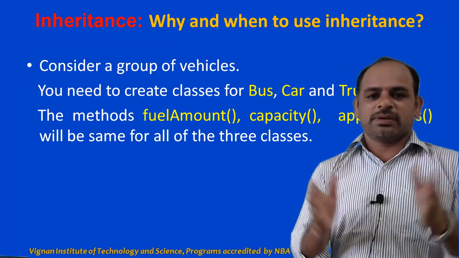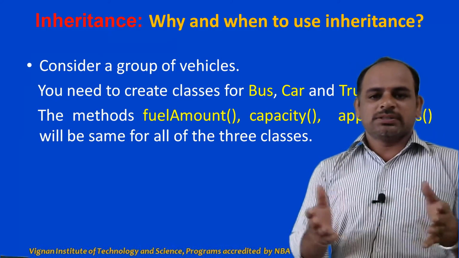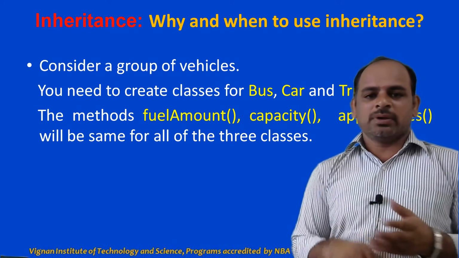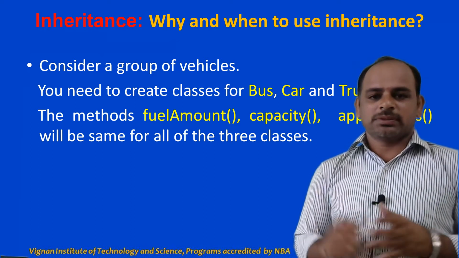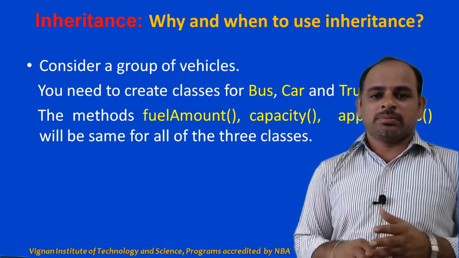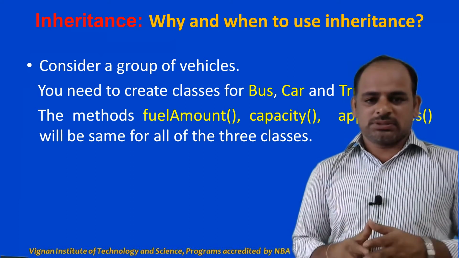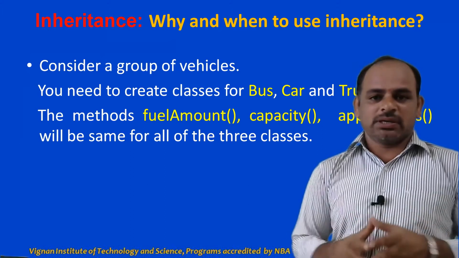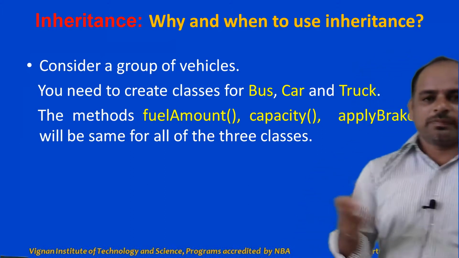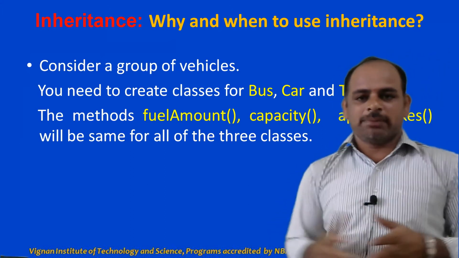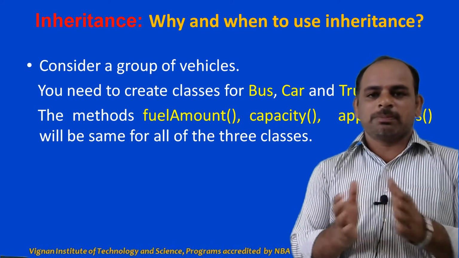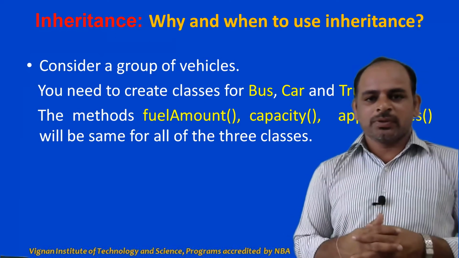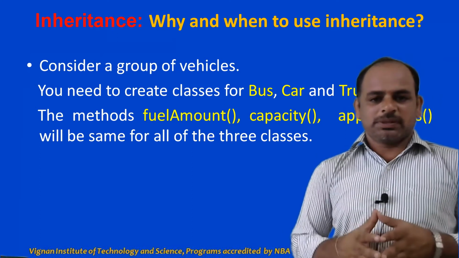For every vehicle these are common properties, like fuel amount. When you pour fuel in your vehicle, how much amount has to be paid, and what is the fuel capacity of each vehicle, and every vehicle will have the brake, apply brakes. These are some operations to be performed on the vehicles, right? So these are common operations, right?